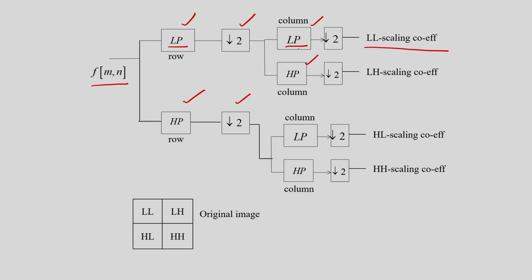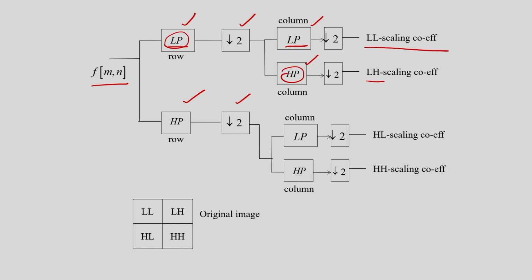So I will be getting the LL component, that is the low frequency information. LL means the low frequency information. And corresponding to the second case, I am applying the low pass filter and the high pass filter, that means I am getting LH coefficients, the low frequency and the high frequency coefficients.